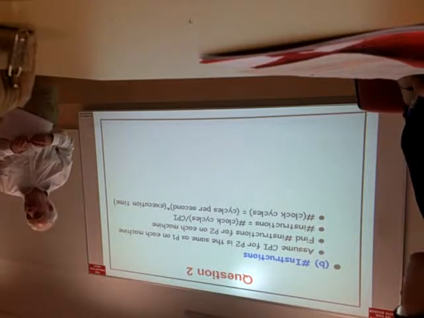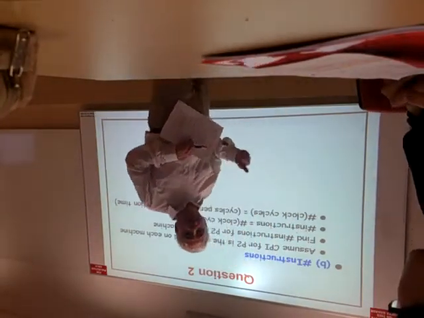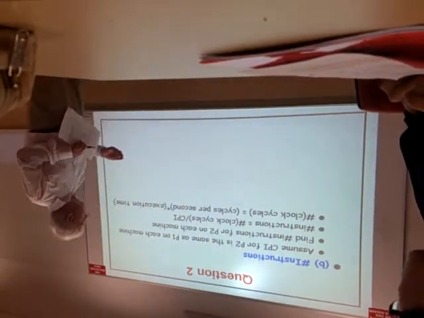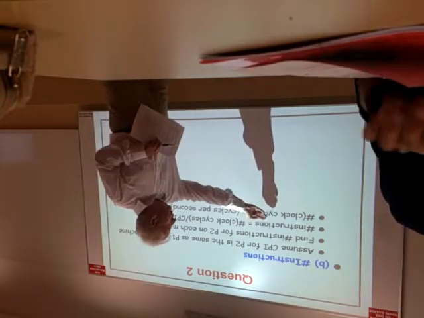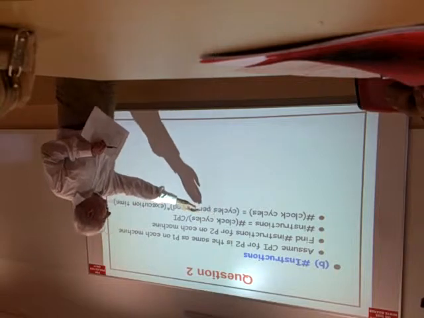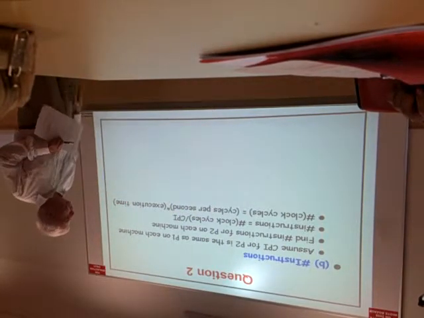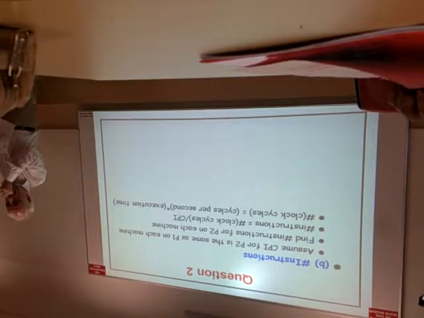So again, from the relationship I told you before, the CPI is the number of clock cycles divided by the total number of instructions. So you can rearrange that and say the total number of instructions is the number of clock cycles divided by the CPI.